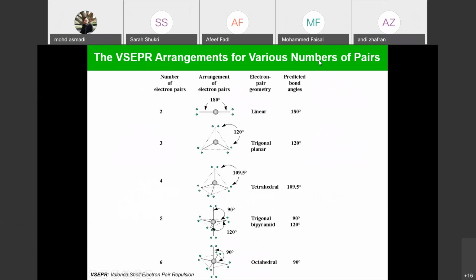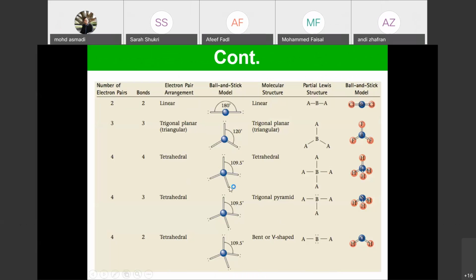This one is linear, and this one is trigonal planar. Tetrahedral is 109.5 degrees. Then trigonal bipyramidal and octahedral. Water is more tetrahedral, or angular. It's not going to be a 180 degree angle. You have to remember that.